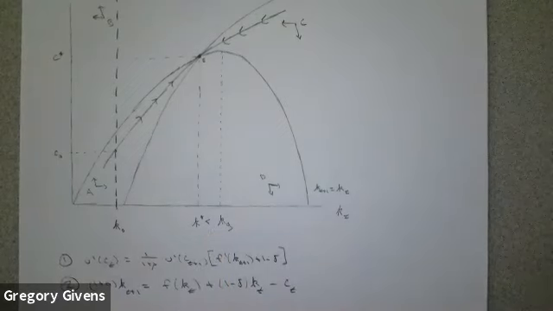Now remember, what is the golden rule level of capital? We learned this in the context of the Solow model. It's the steady state level of capital such that what is satisfied. It's the golden rule level, it's the one that maximizes consumption in the long run, okay? Now, in this model, utility depends on consumption only.